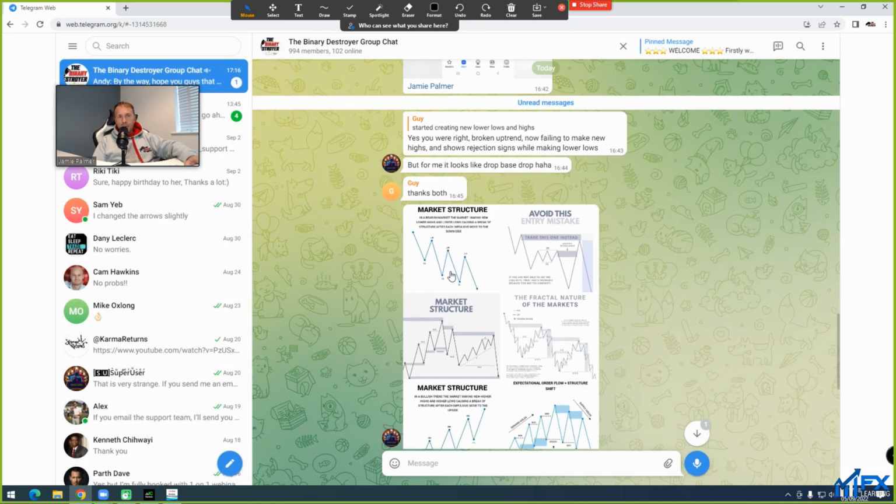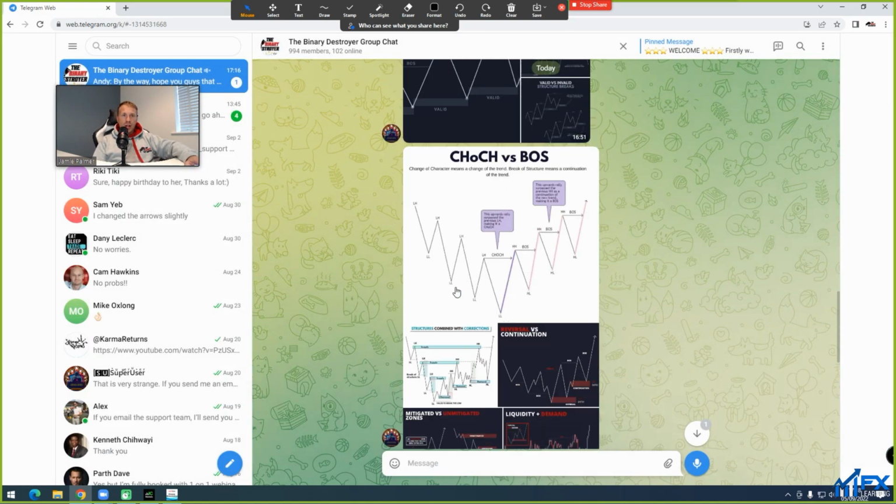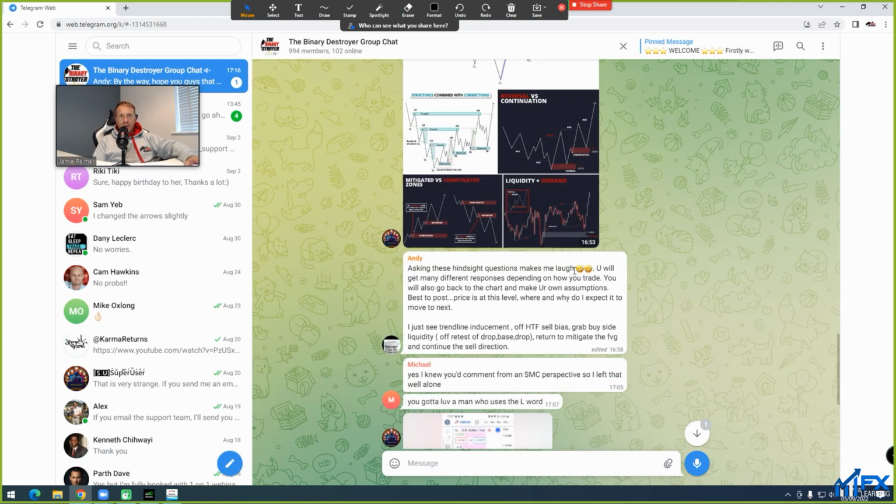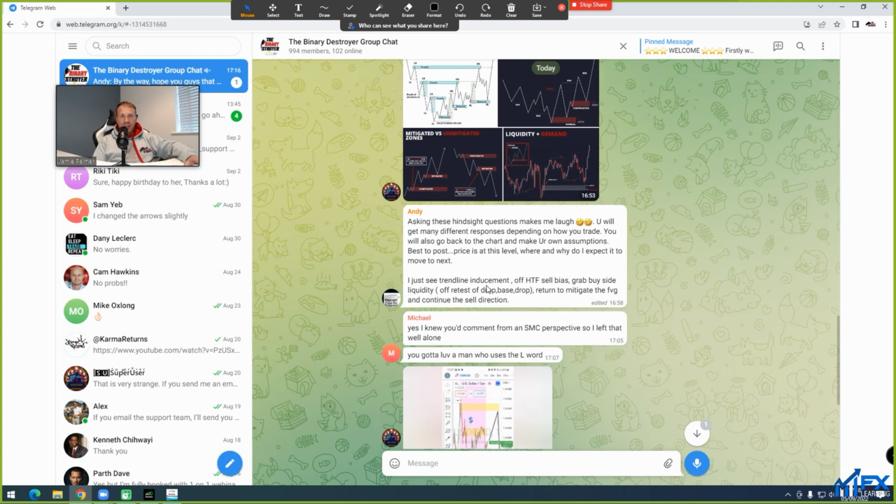And a few more posted about market structure, change of character. Asking these hindsight questions makes me laugh. You will get many different responses depending on how you trade. You will go back on the charts and make your own presumptions. One said, "I just see trend line inducement off higher time frame, sell bias, grab buy side liquidity off retest and drop, base and drop, return to mitigate and will continue in the sell direction."